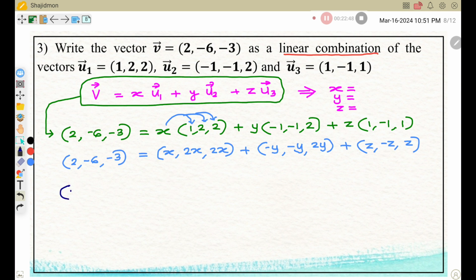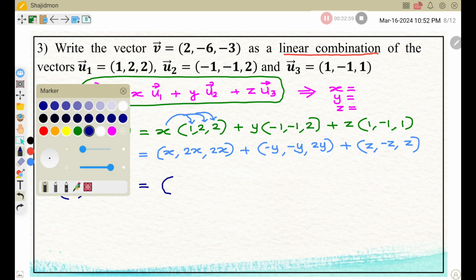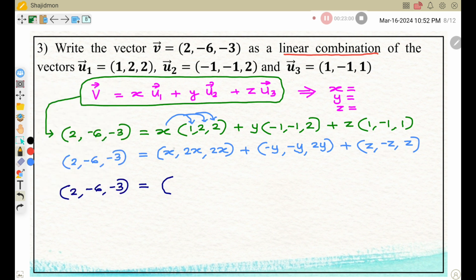The left side stays the same, (2, -6, -3), equals, okay, now we will add these three vectors. So first, how do we add the vectors? Add the first numbers: here x, plus here -y, here first is z. So x plus -y means x minus y plus z, that is the first element, comma. Now add the second numbers.